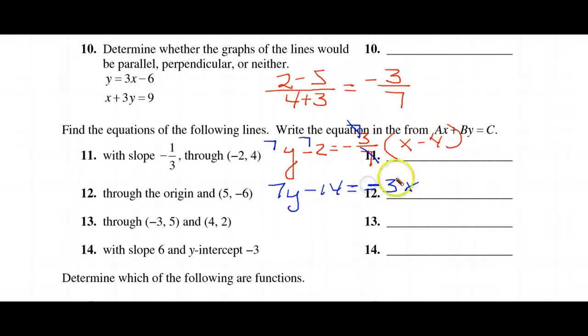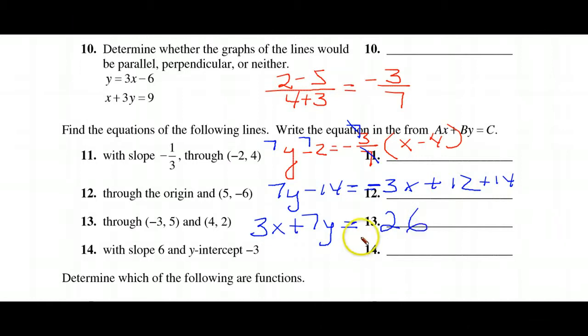Let me put it there, it's a little better. Negative 3x plus negative 3 times negative 4, 12. I'm going to bring the negative 3x over as 3x plus 7y. Now when I bring a negative 14 over to this side, it becomes a positive 14. And this leaves me with a 26. Okay.